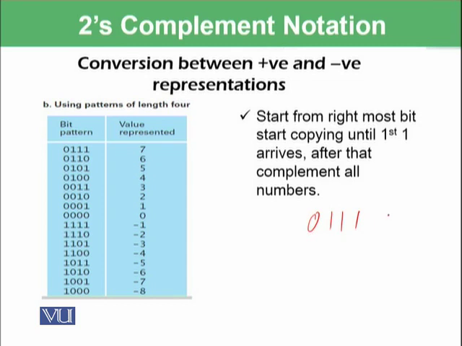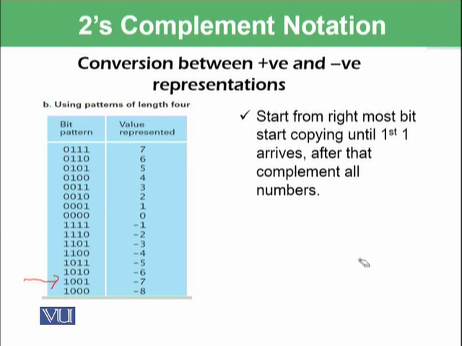You start from the right side until the first one is reached. We reach the first one immediately, and after that all of the ones are changed to 0 and 0 is changed to 1. This forms 1001, which is representing -7. So let's see another example.